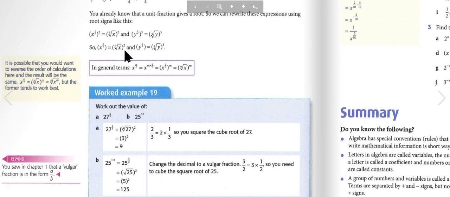And y to the power of 3 over 4 equals the fourth root of y cubed. In general terms, x to the power of m over n equals x to the power of m times 1 over n equals x to the power of 1 over n, to the power of m, equals the n-th root of x to the power of m.